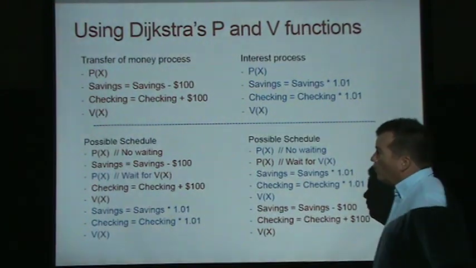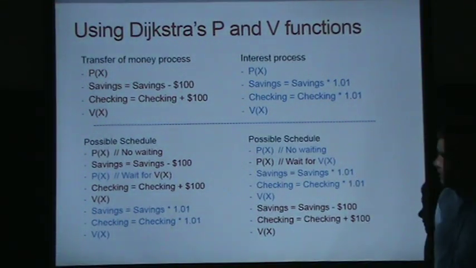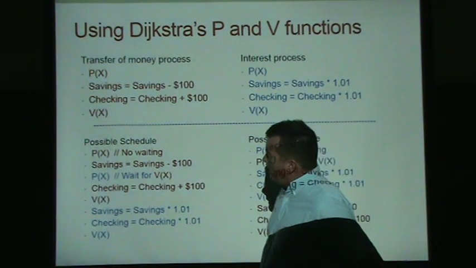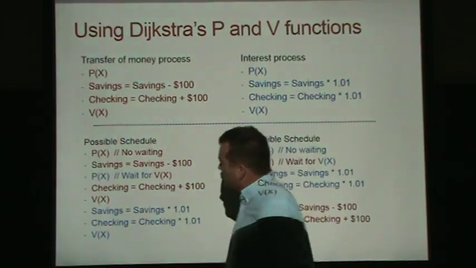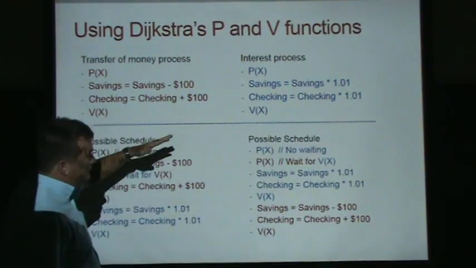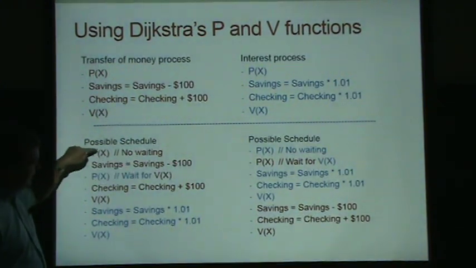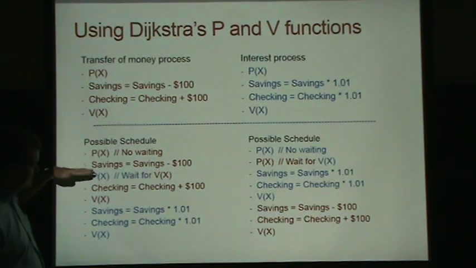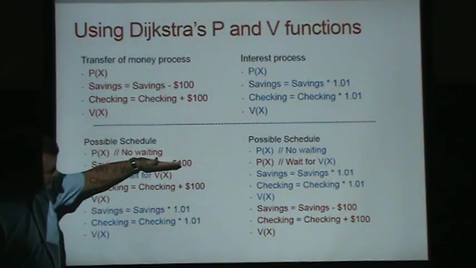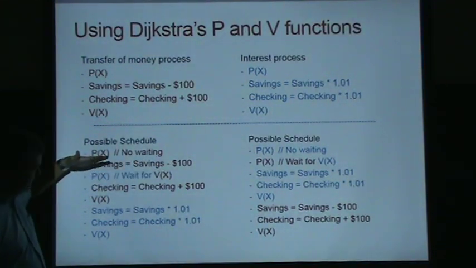So one possible schedule would be the one where the variable X starts off at 1, meaning the resource is available. We say P of X, so there's no waiting. We get the value of X and we proceed. We update the savings account. Then all of a sudden we time out.